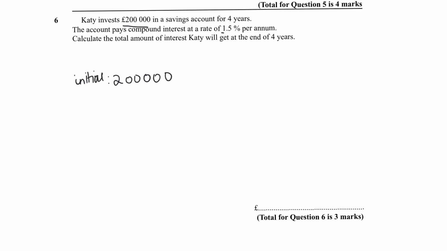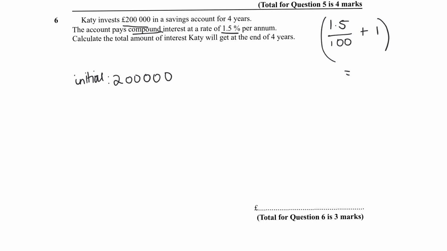Then, because her rate is 1.5%, I think I mentioned this in another assessment, but basically a shortcut of working out compound interest is to take the percentage you're given, divide by 100 and add that on to 1.